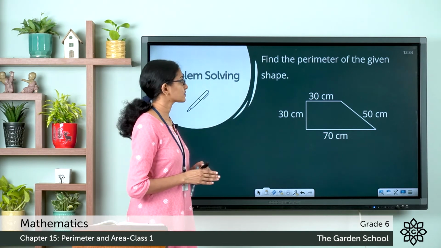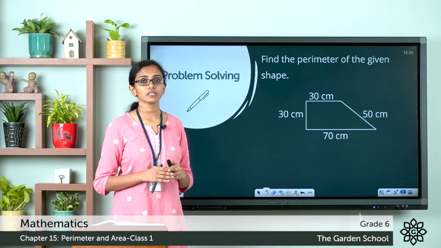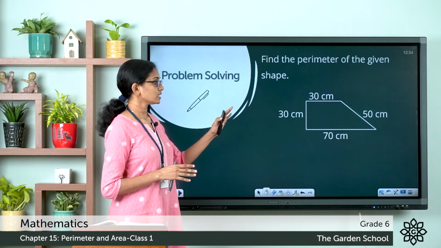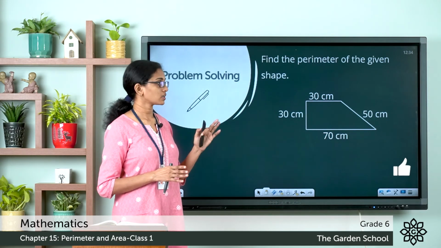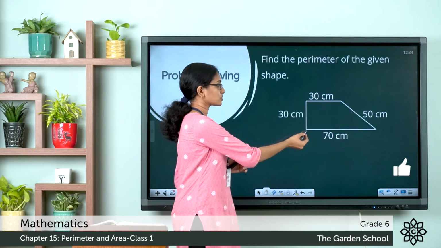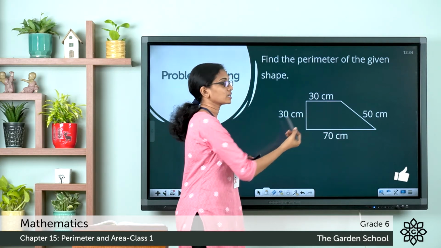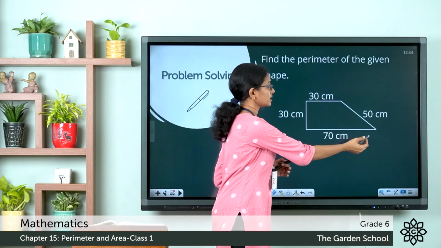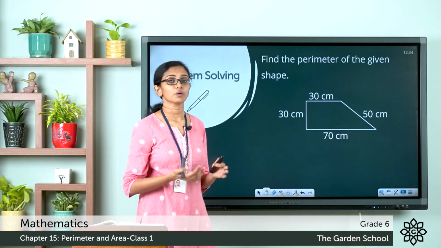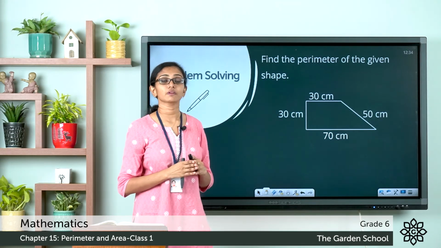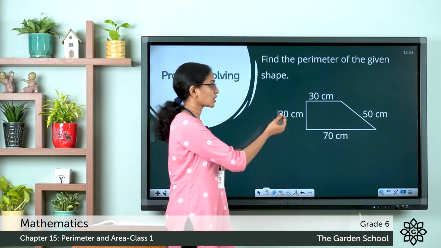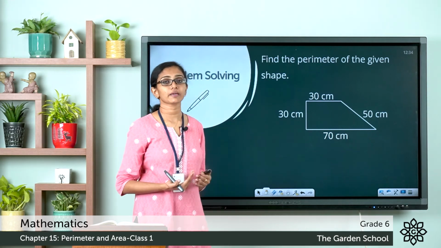Now let's work out an example to find out the perimeter of the given figure. You can see the dimensions of the figure are marked along the sides. This side is equal to 30 centimeter, this is 30 centimeter, this is 70 and this is 50 centimeter. We have to find out the perimeter of the given figure, which means the distance along the boundary. How can we calculate the perimeter?